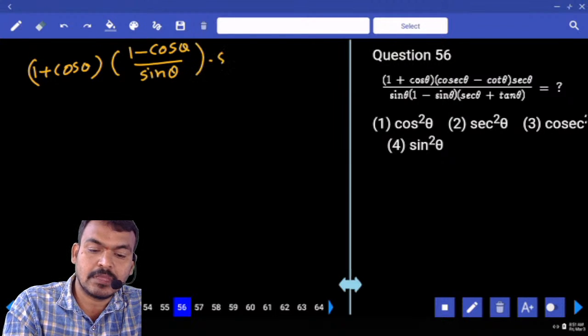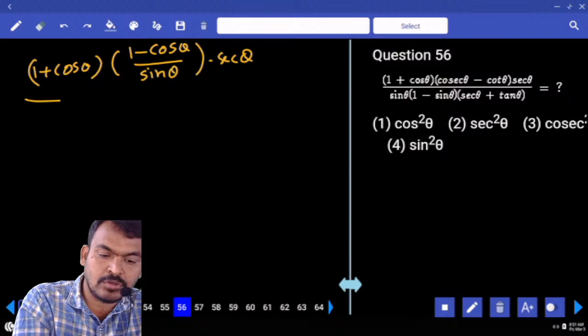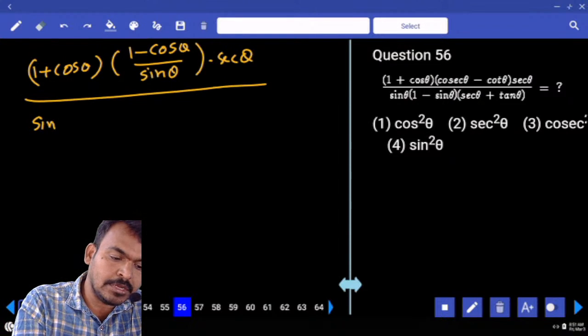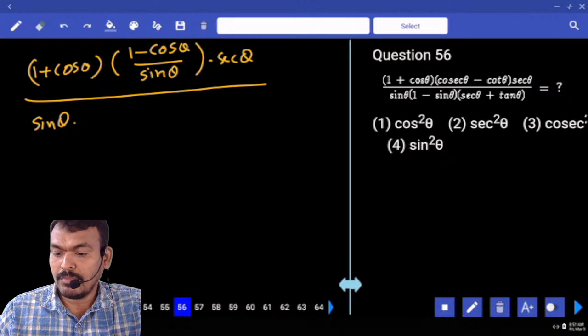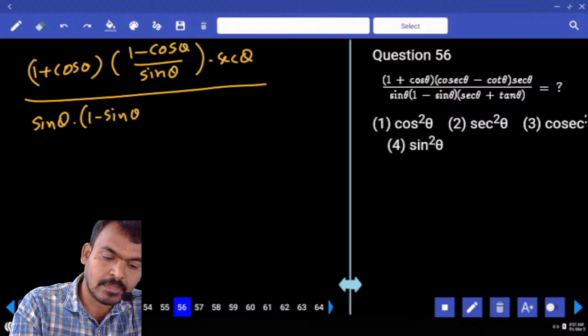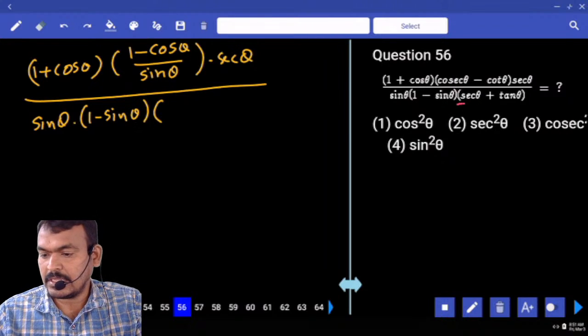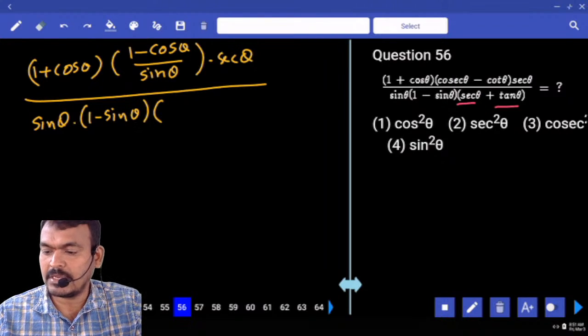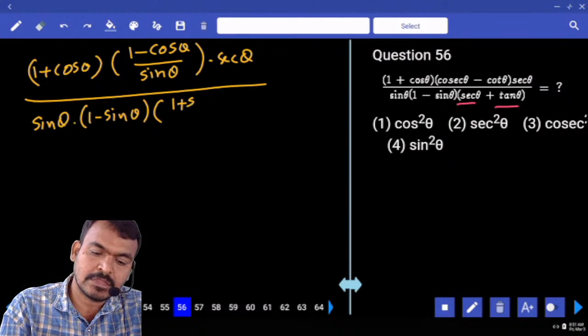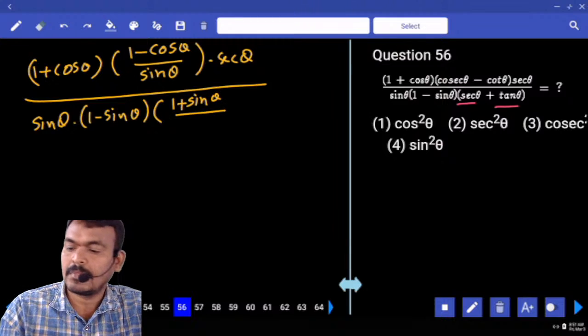Secant theta into secant theta. It is numerator. What is the denominator? Sin theta into 1 minus sin theta. Sin theta into 1 minus sin theta into secant theta means 1 by cos theta. Tan theta means sin theta by cos theta. This one we write 1 plus sin theta by cos theta.